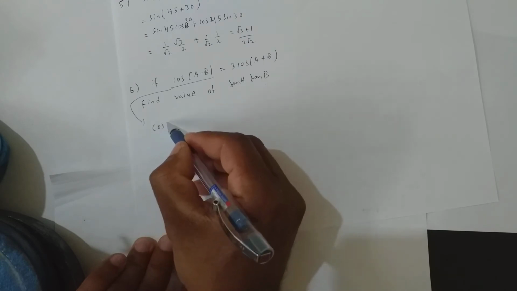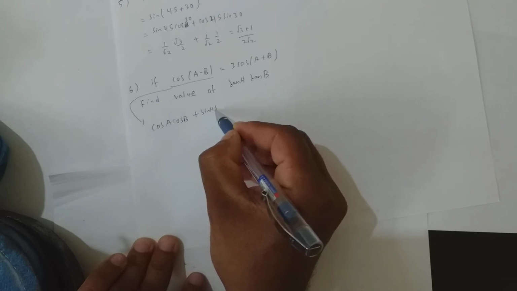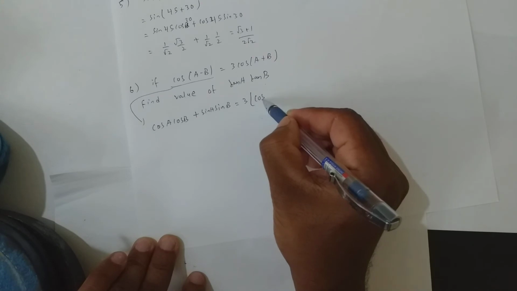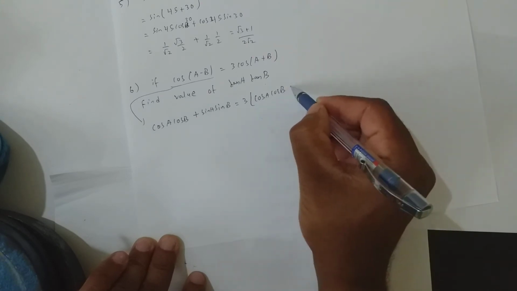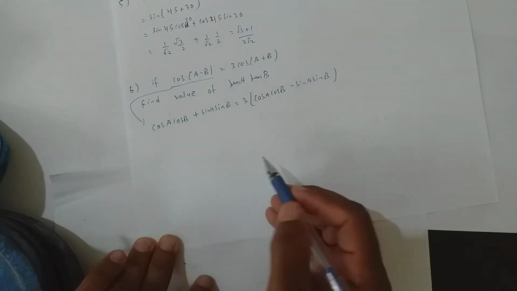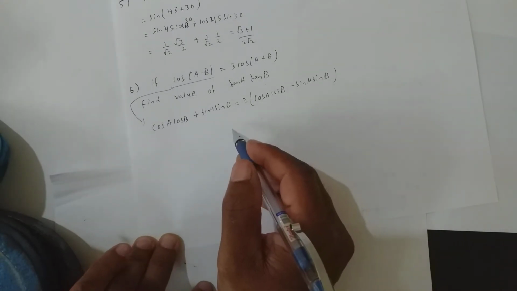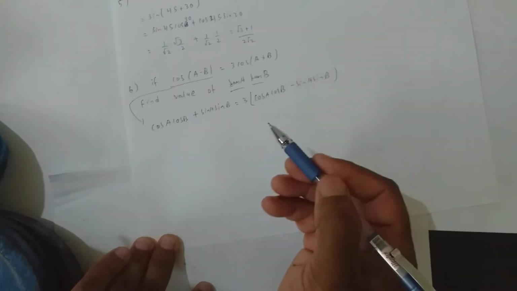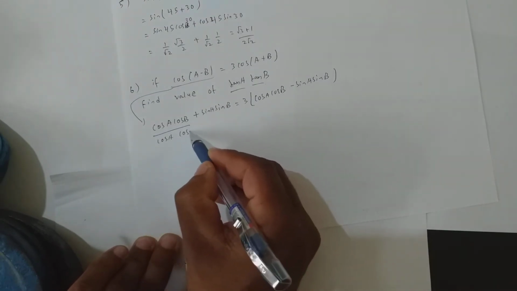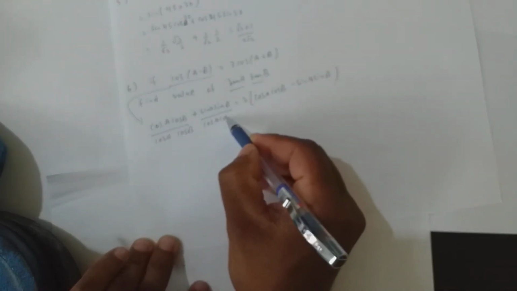So cos(A minus B) becomes cos A cos B plus sin A sin B, equal to 3 times cos(A plus B), which becomes cos A cos B minus sin A sin B. Clear? We just expanded it.